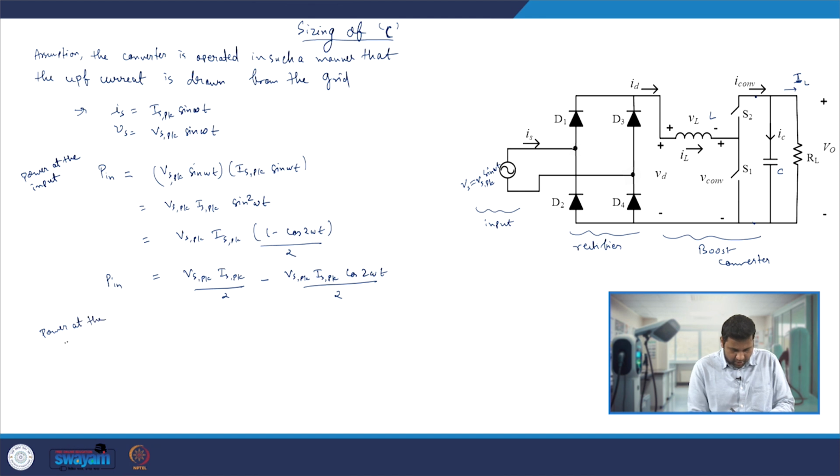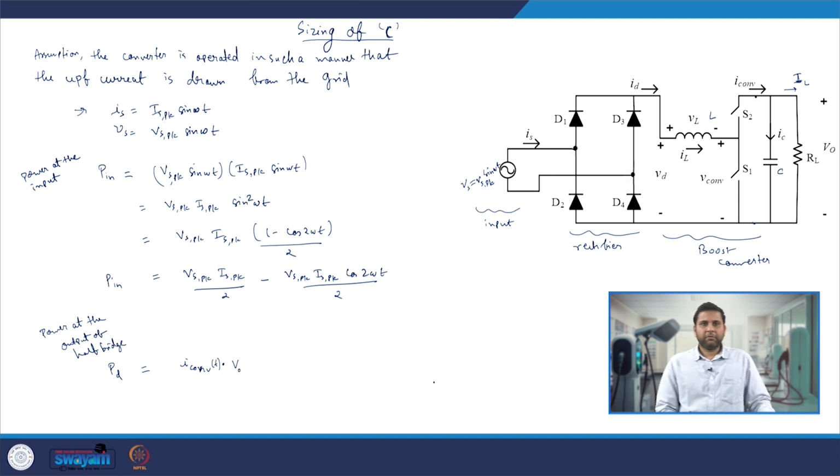Let me define this power at the output of the half bridge as PD. Now that is nothing but my I converter current, which is obviously varying with time, multiplied by the value V naught, which is the voltage appearing across this particular point.